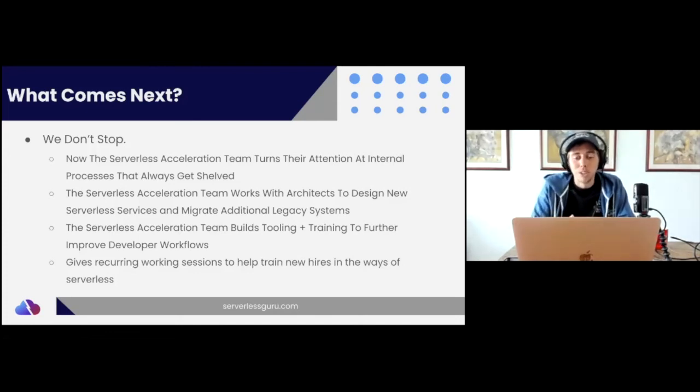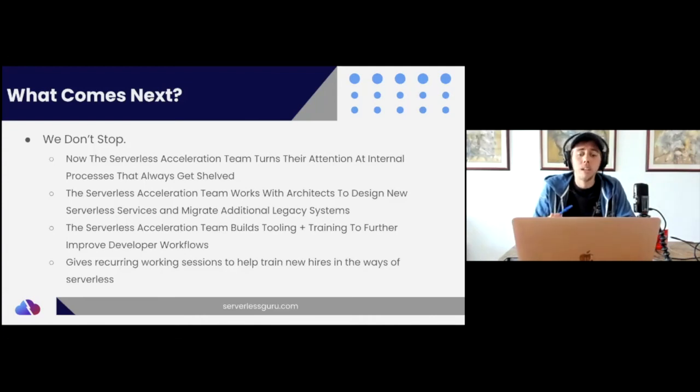Also, before I get too worked up, the serverless acceleration team works with architects to design new serverless services. So maybe we want to jump into AppSync now, right? Maybe we want to do EventBridge. And so this team can start working with the architects of different departments to start building out patterns around this, and also helping map out how maybe not the low-hanging fruit that got migrated already, but the more complex factors could also be moved to serverless.